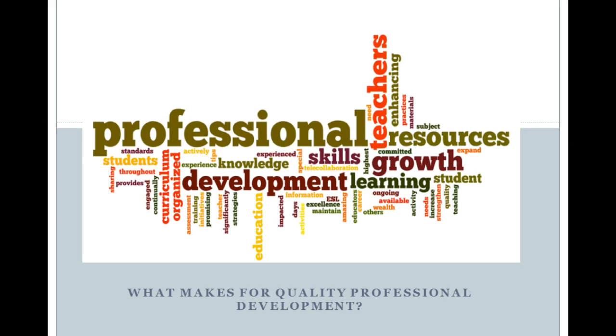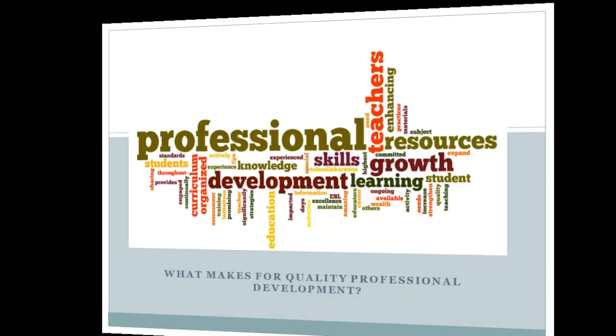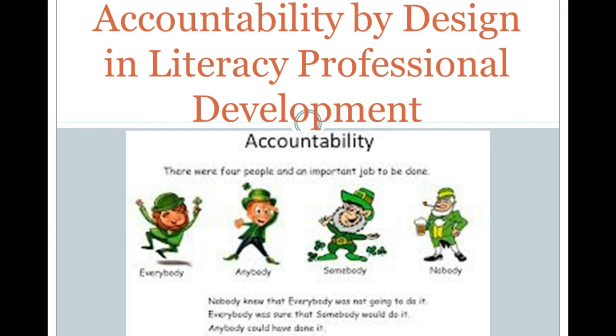All right, speaking about professional development, that is our topic: what makes for quality professional development. So you had the article titled Accountability by Design in Literacy Professional Development, and I thought this cartoon was pretty clever on accountability. There were 4 people and an important job to be done.